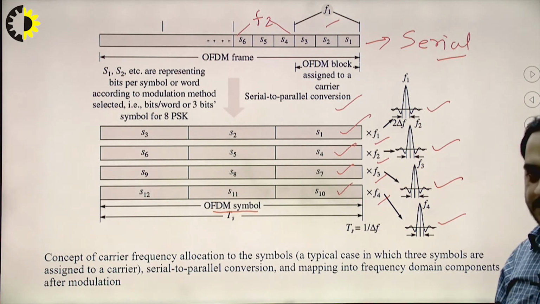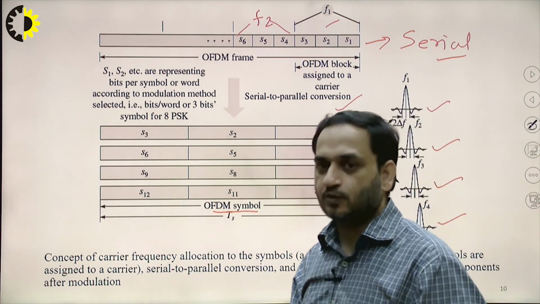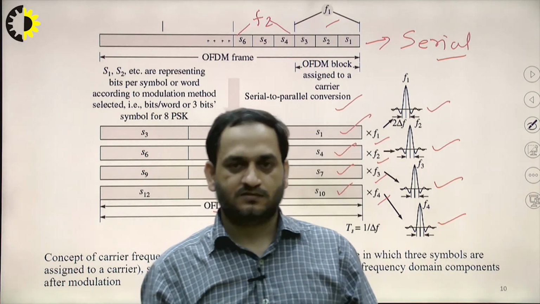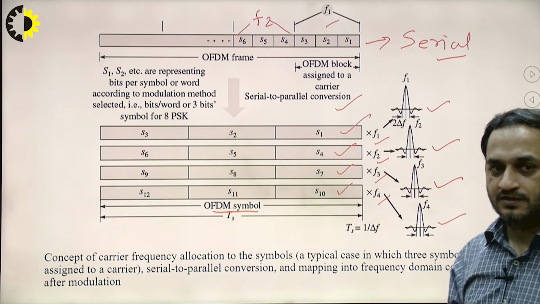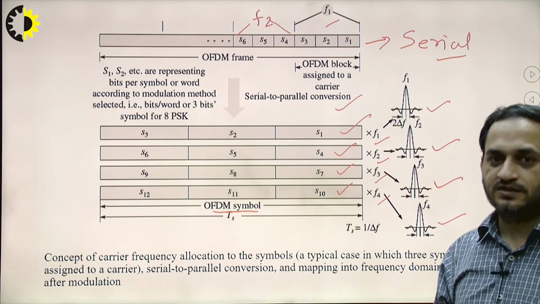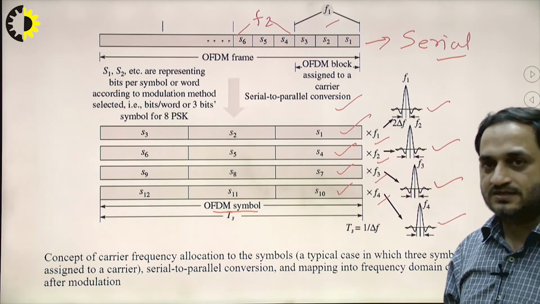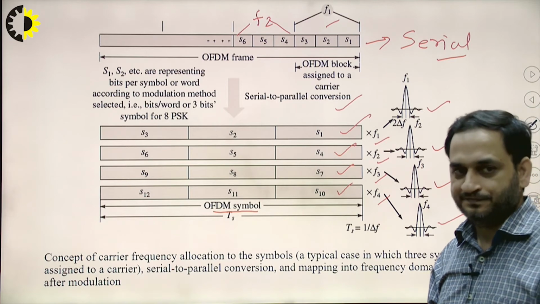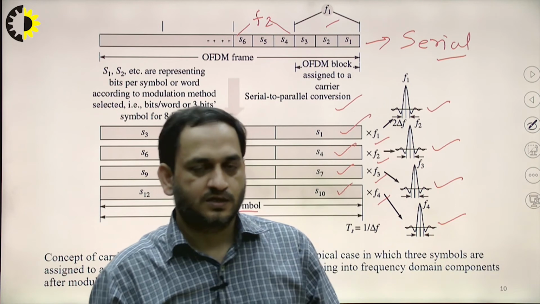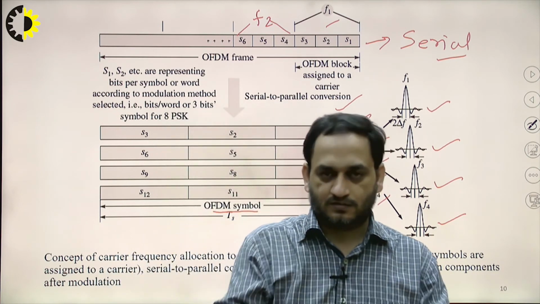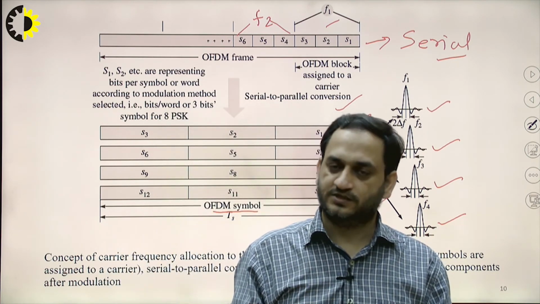So this is the concept of carrier frequency allocation to the symbols, just like we have mentioned for the 3 symbols. Then there is the serial to parallel conversion and mapping into the frequency domain after the modulation. Okay. So in this way we do the multiplexing of the modulated signals.